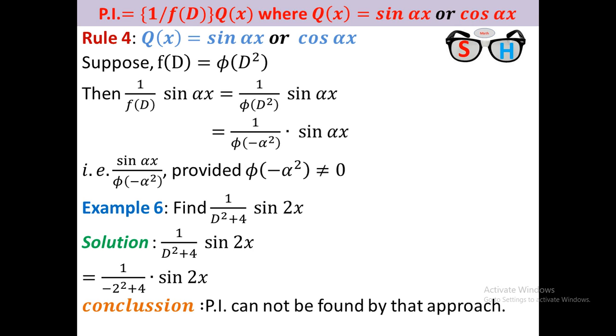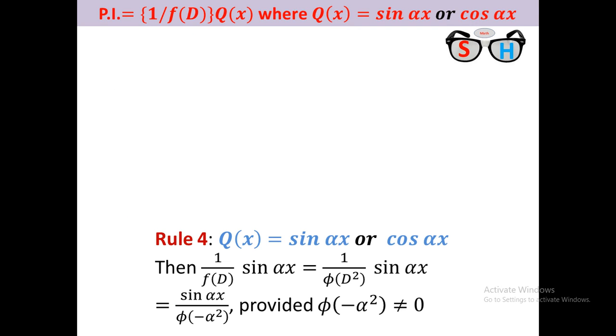Now we will discuss example 6, but before that we discuss another example. There is a problem. Here I write down rule 4, where it will be used in that problem. You see that this is the problem.